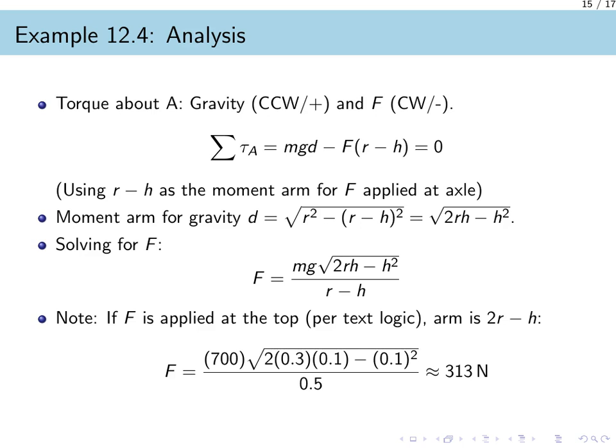Setting the counterclockwise torque equal to the clockwise torque and solving for F gives us the final expression. Plugging in the given values, we calculate that the required force is about 313 newtons. This analysis shows how balancing torques allows us to calculate the forces in a static system.